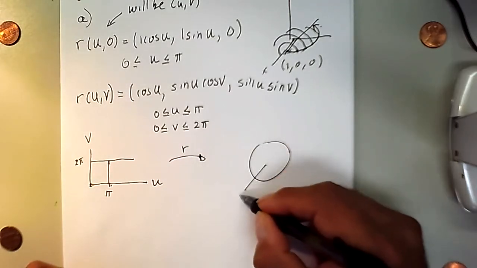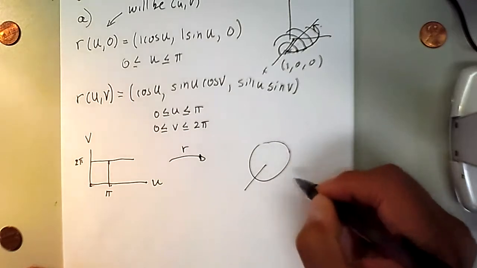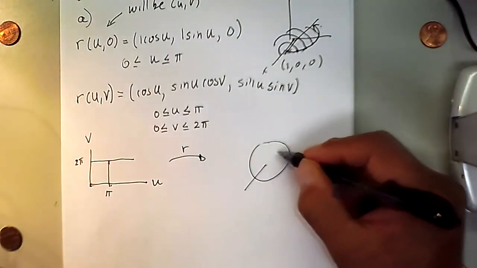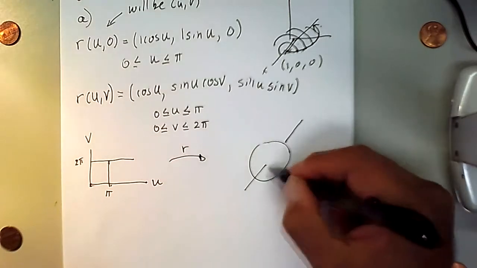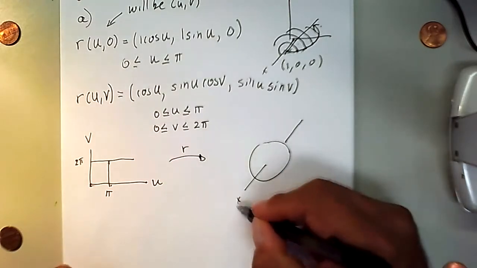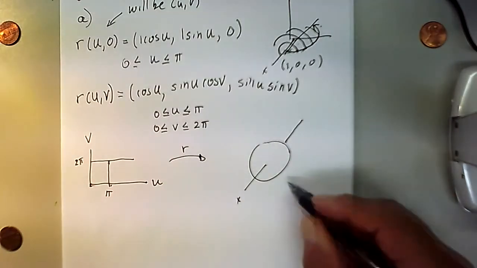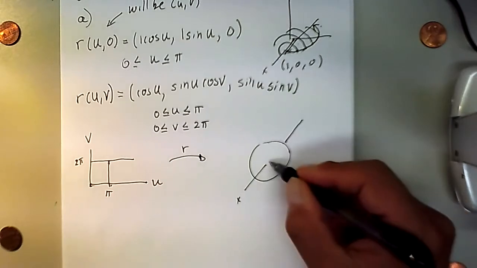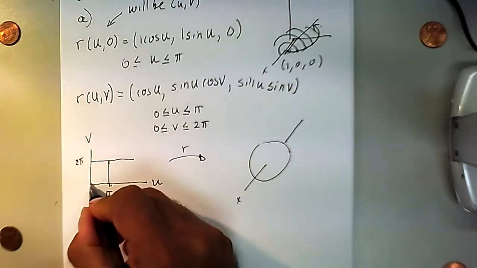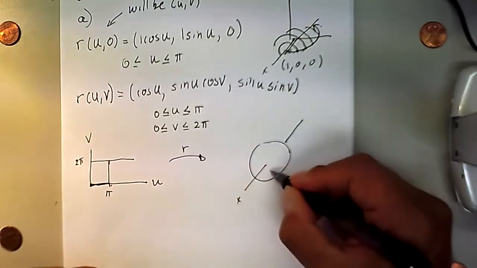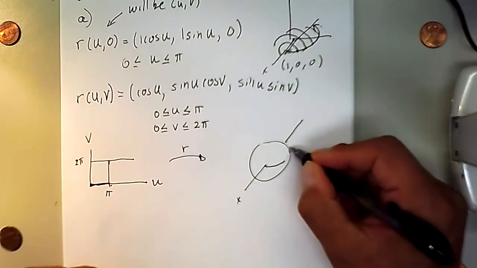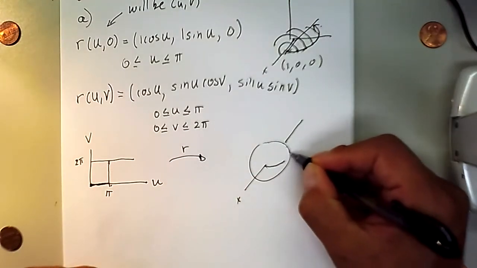Let's put the x-axis here. So this is a whole ball, and then the x-axis comes out there, through the center. This is just the x-axis. I don't want to draw the y-axis, but there are two endpoints. Now, this line, when u changes and v is 0, creates the initial half circle.